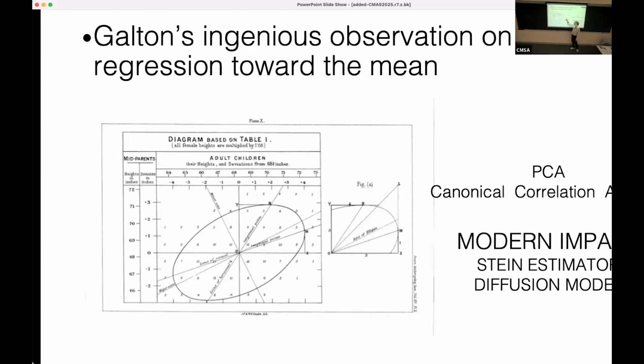So they had this nice tool to draw this beautifully and illustrate the relationship between the X and Y. The modern impact of this bivariate or multivariate normal diffusion is far-reaching, including Stein's estimator, and that's being used in modern generative AI using diffusion models. There's a big area in machine learning and AI.